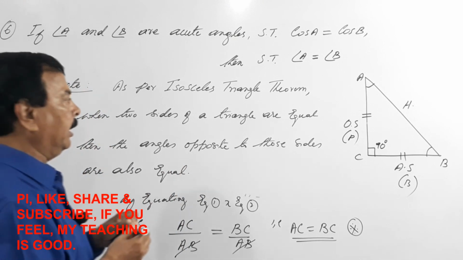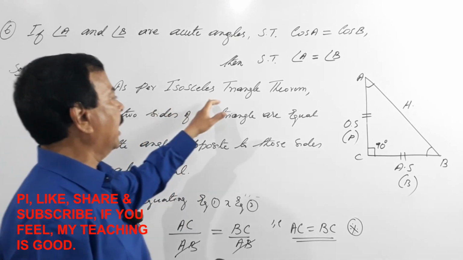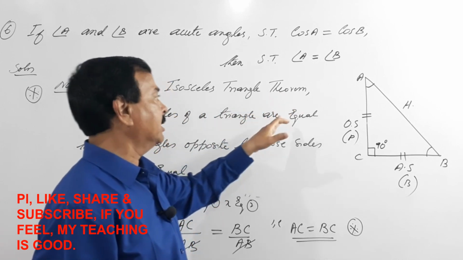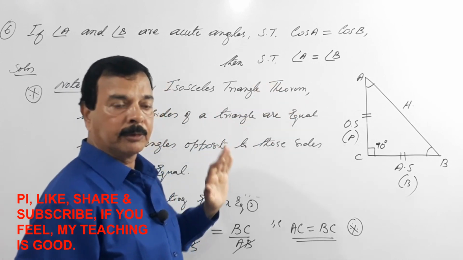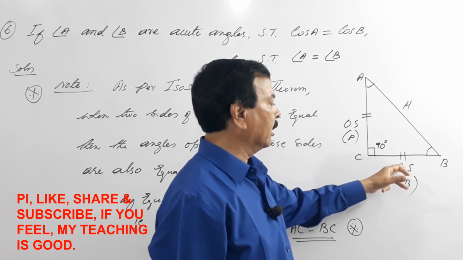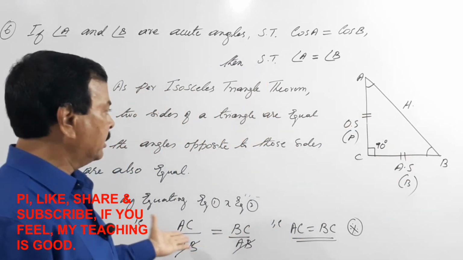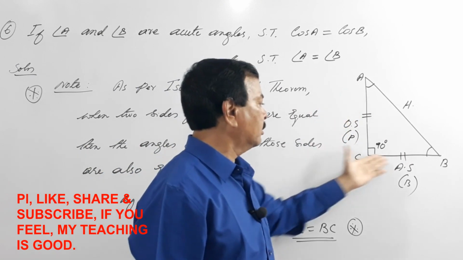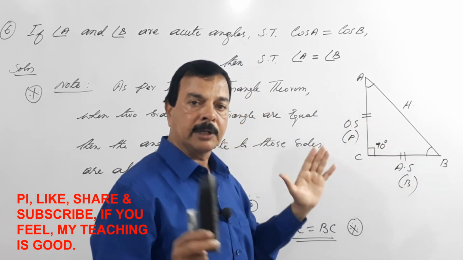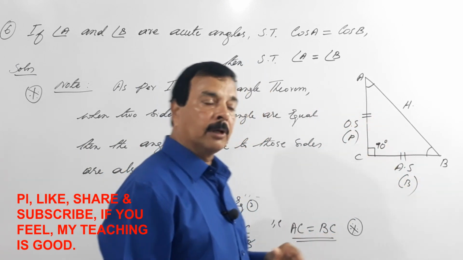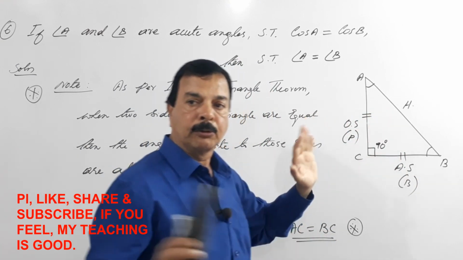So as per isosceles triangle theorem, this is an isosceles triangle because both the sides are equal as per this equation. AC is equal to BC. So it's an isosceles triangle and the longest side will be the hypotenuse. You know this.